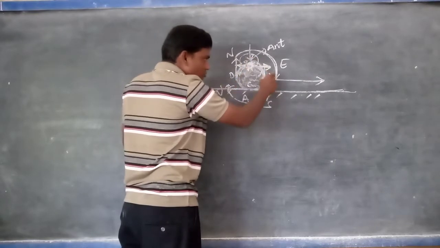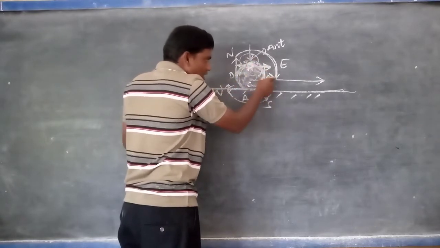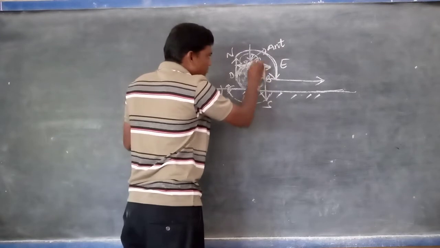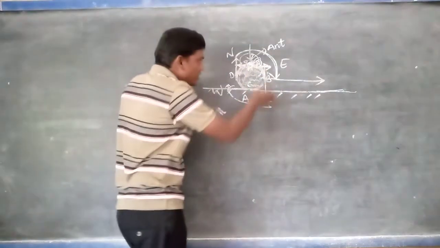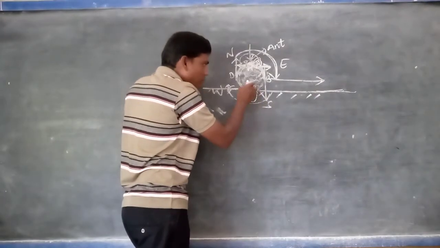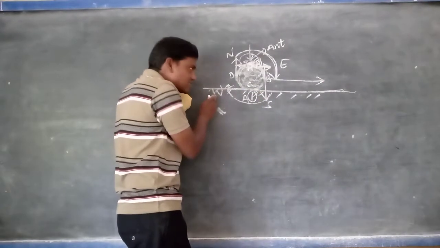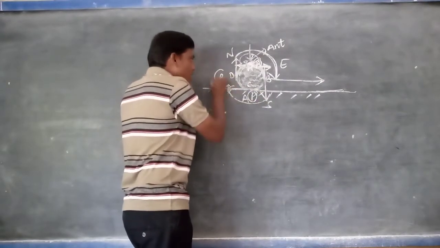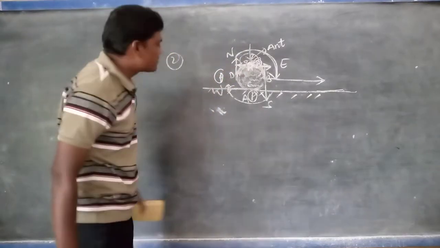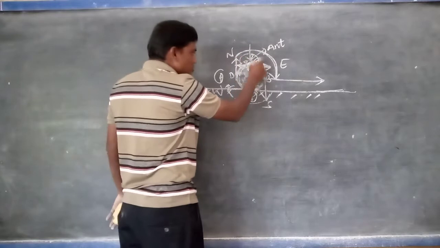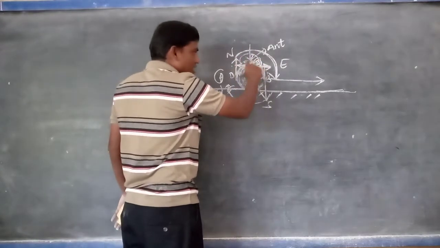When the P particle comes to the B position, what is the direction? South. If the same P particle comes to the point C, what is the direction? West. If it comes to the point D, what is the direction? North.